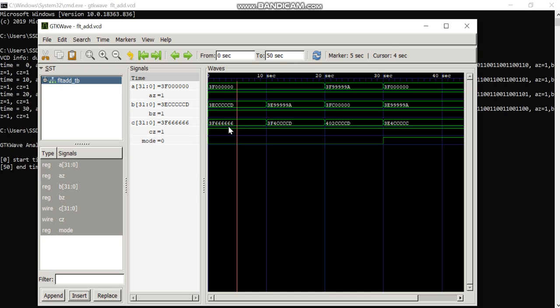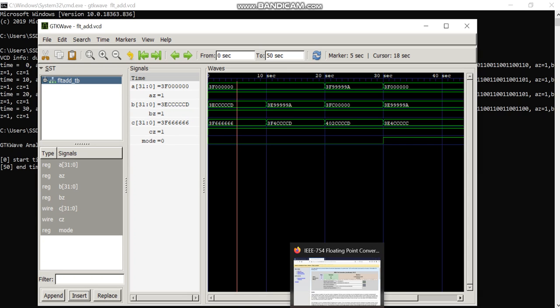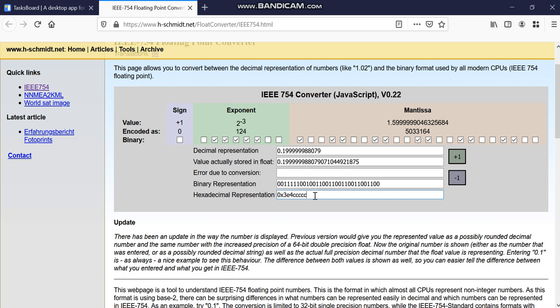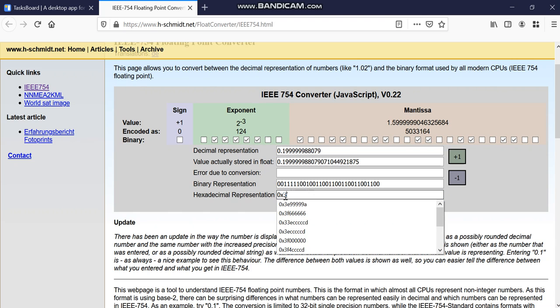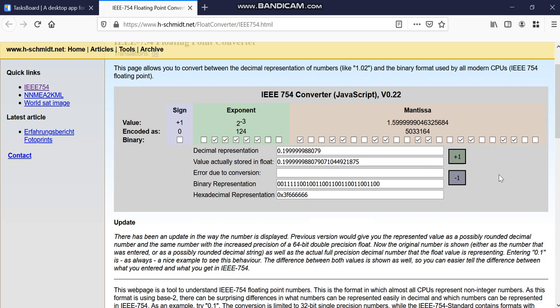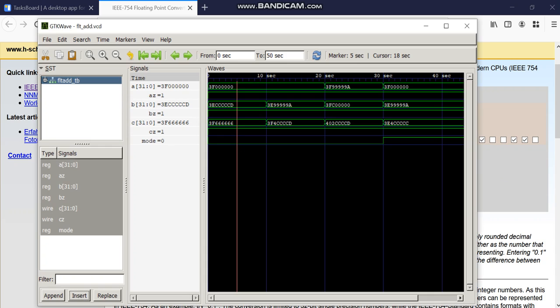The output should be 0.9. Let's check it out. The output is 3F and six 6s. So this is equivalent to 0.9.